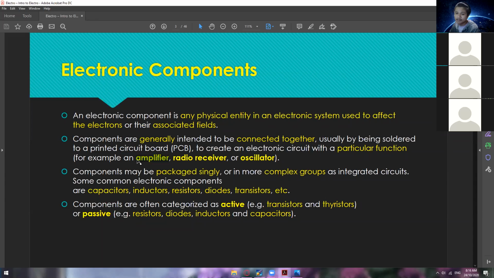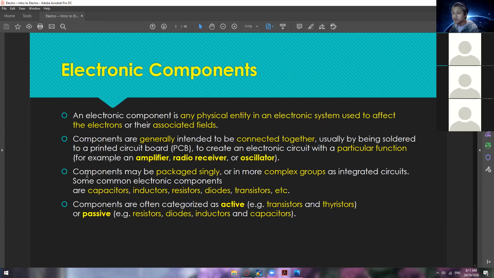For example, that PCB can amplify or receive a radio signal, or be an oscillator itself. There are a lot of purposes you can do with these components, and if you combine two components, then there's another purpose for that.